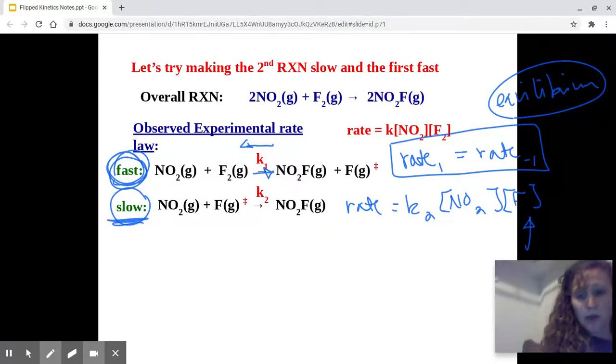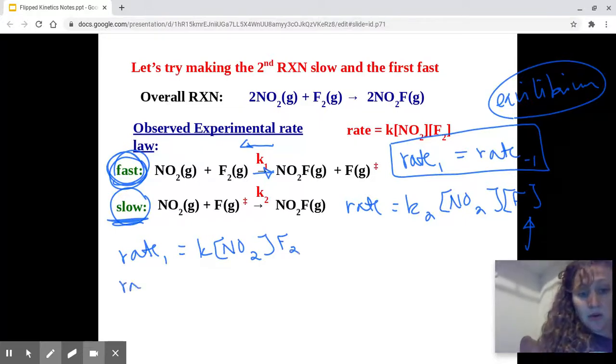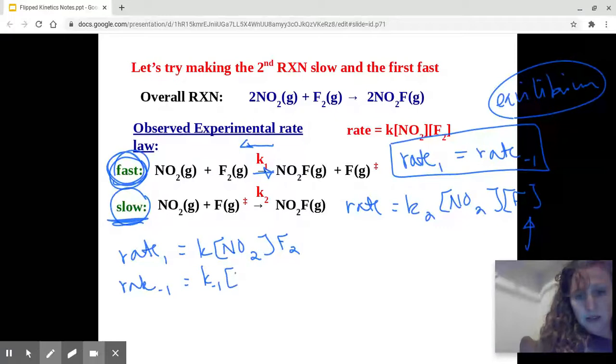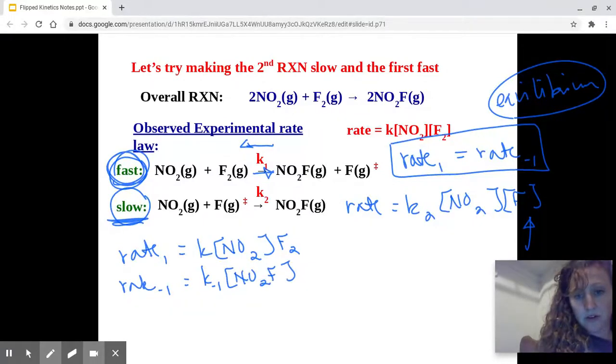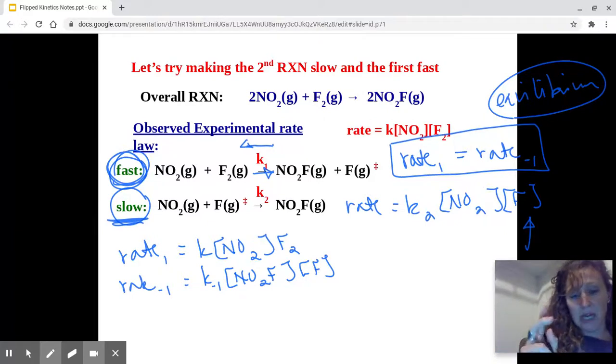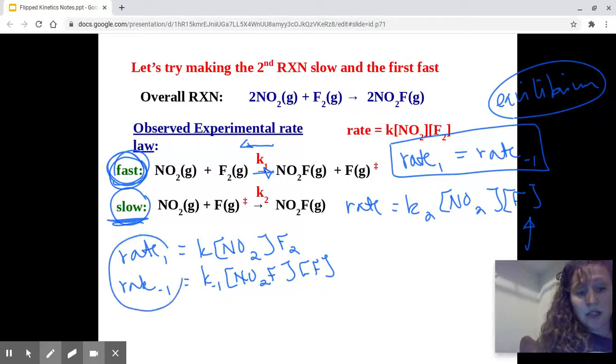Let's write the forward rate. So rate of this intermediate step going forward would just be K1 NO2 F2, right? The rate going backwards, rate -1, equals the inverse, K -1 with the products, NO2F. It's like I flipped the reaction and I'm writing the rate of that flipped reaction, right? So if these two things are equal, then we can set these two equal to each other as well.